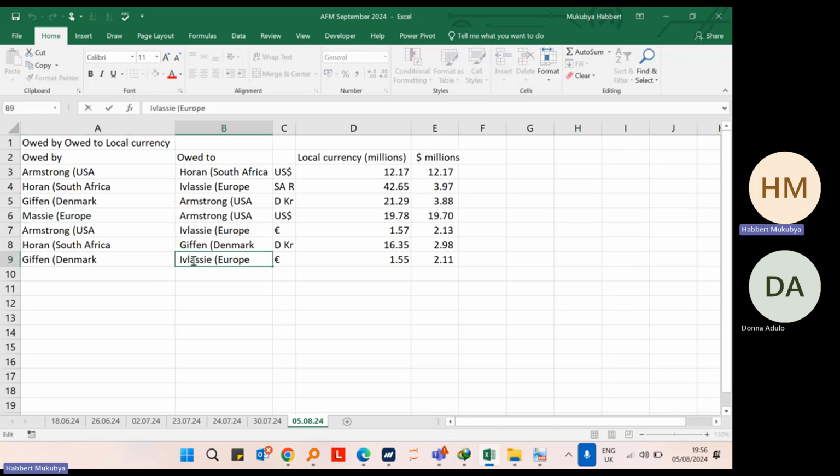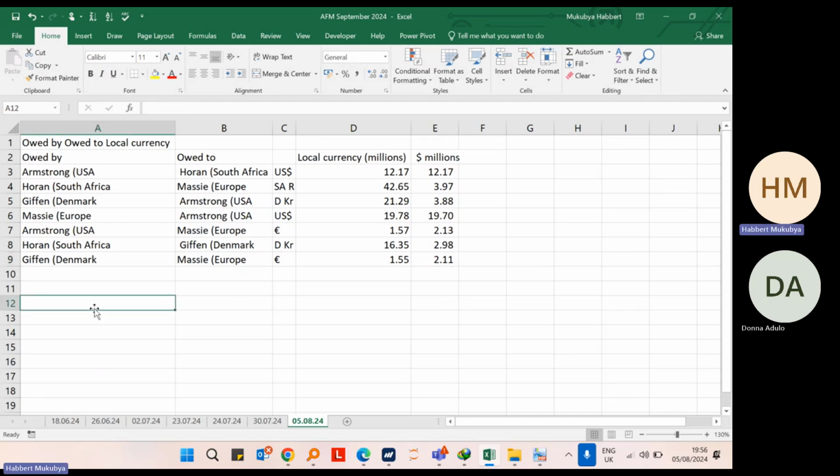So this one here is Mercy. This is also Mercy here. It was not clear. So Mercy, then this one here, the others are okay. She's also Mercy here. So now Mercy is the company which is owed the smallest amount, 2.11.